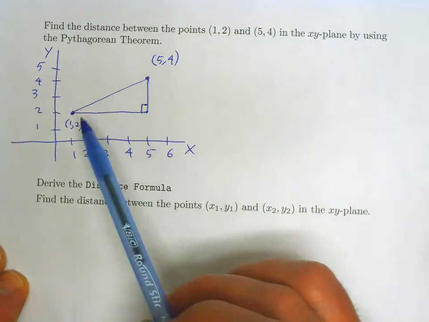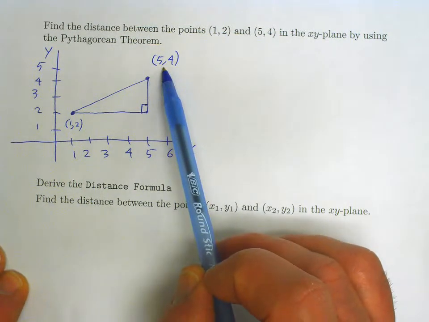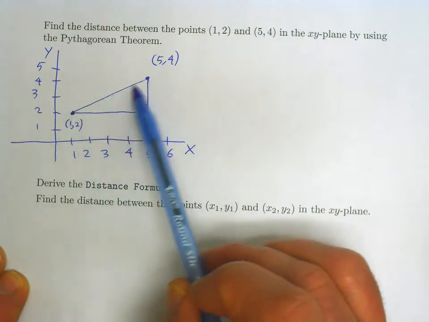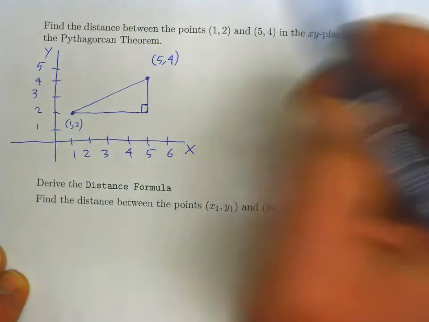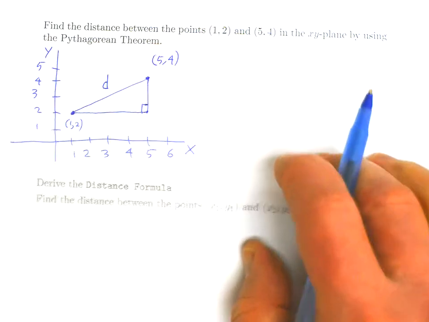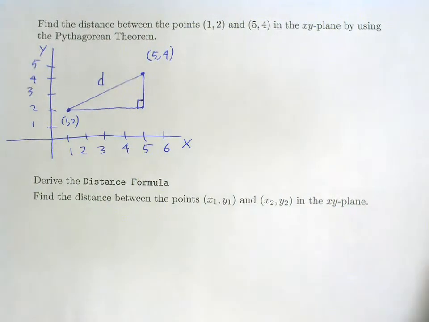Okay, so we want to find the distance between the ordered pair (1, 2) and the ordered pair (5, 4). But the distance is just the length of that hypotenuse. So I'm going to label the hypotenuse d for distance between the 2 points.